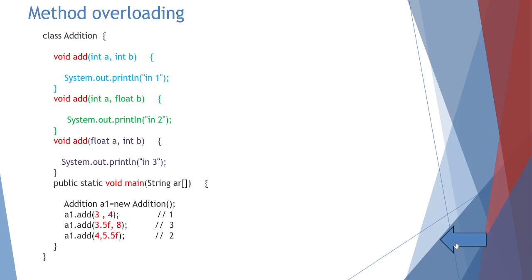So float followed by int, that is static binding, early binding, or compile time, it points at the second method. All the calls will be pointed almost at compile time only. Now a1.add(4, 5.5f). So this one calls the method for integer and float number. This kind of early binding happens during compilation time only.